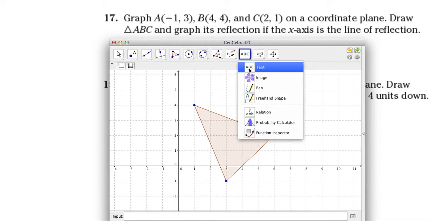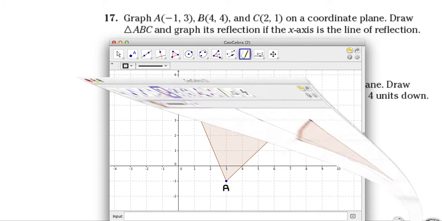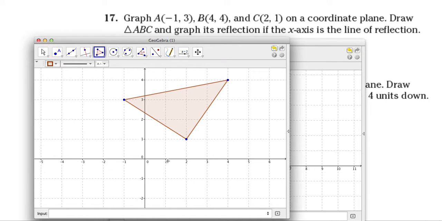This is point A, and you have 4, 4, negative 1, 3, this one. My goodness gracious, I think this is the one. Negative 1, 3, yeah, this is the one. So this is A.